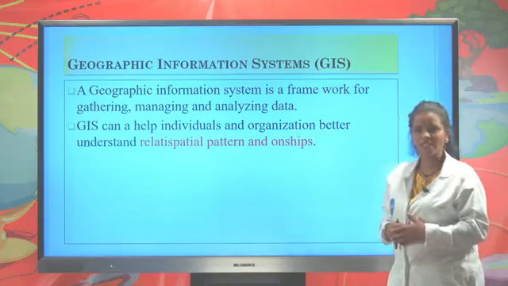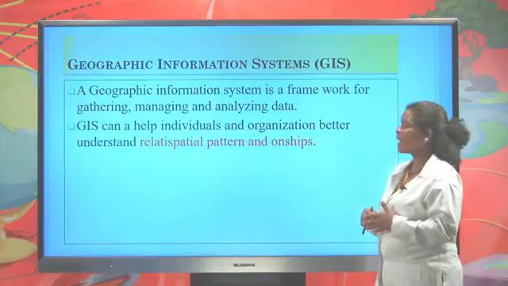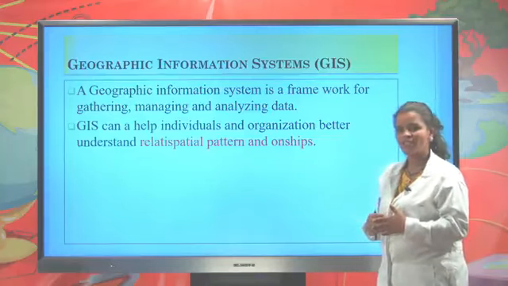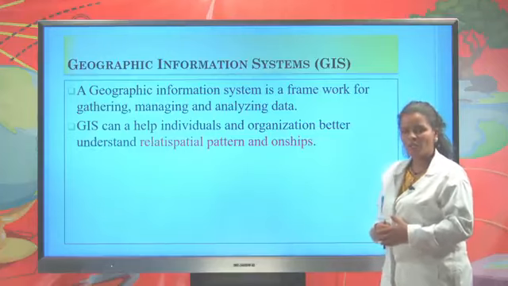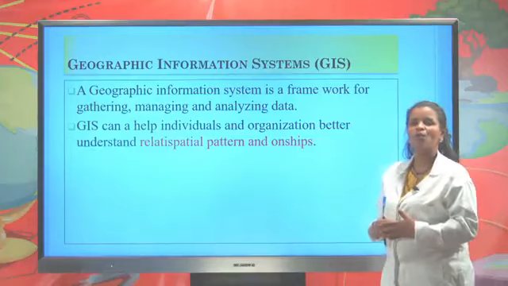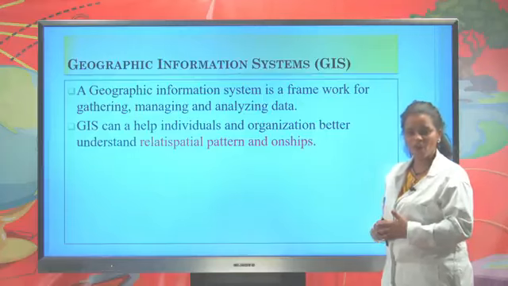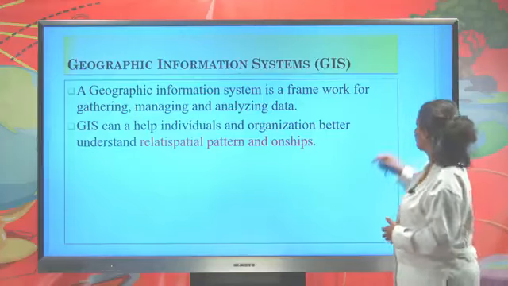Geographic Information System is a framework for gathering, managing, and analyzing data. GIS can help individuals and organizations gain a better understanding of spatial variation.